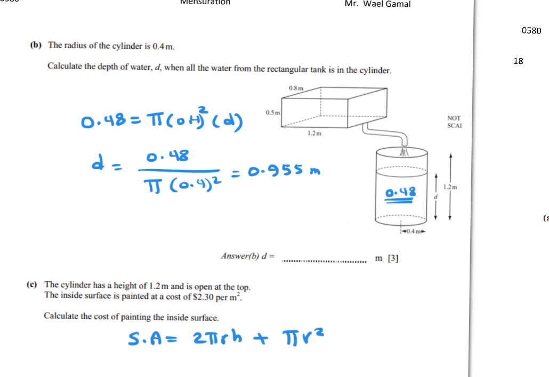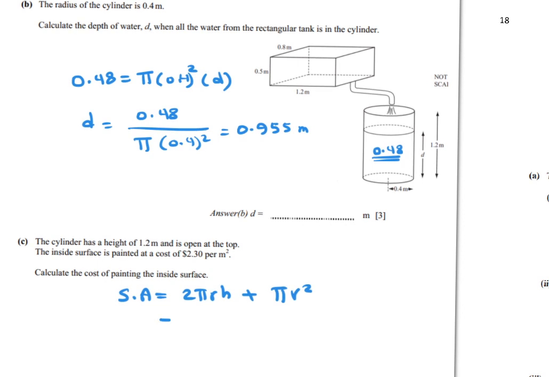So now we have r and we have h. So 2π times r, which is 0.4, times the height, which is 1.2, plus π times 0.4 squared. After you find the surface area, you have to multiply by 2.30 to find the cost.